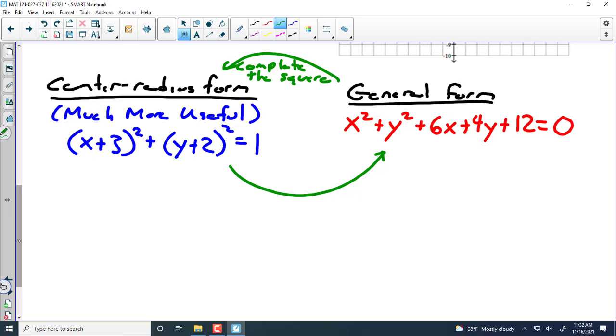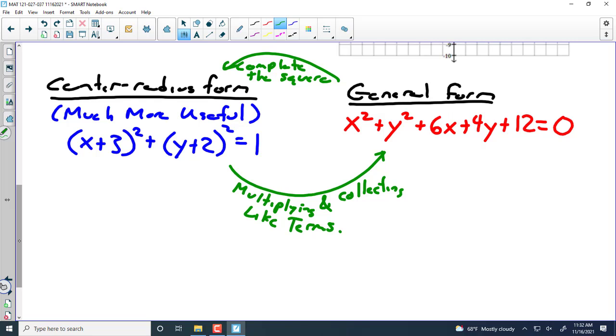And you do that by multiplying and collecting like terms. So every now and then, they will give you a problem where they ask you to turn the center radius form into general form.